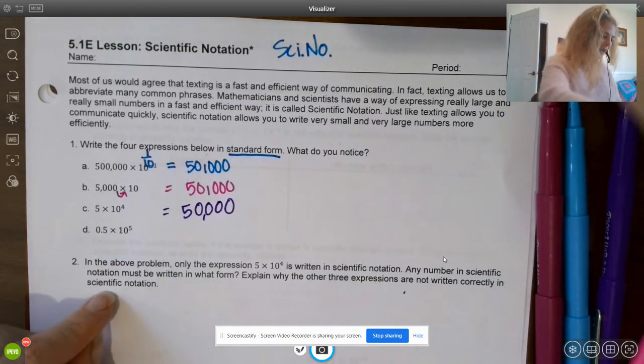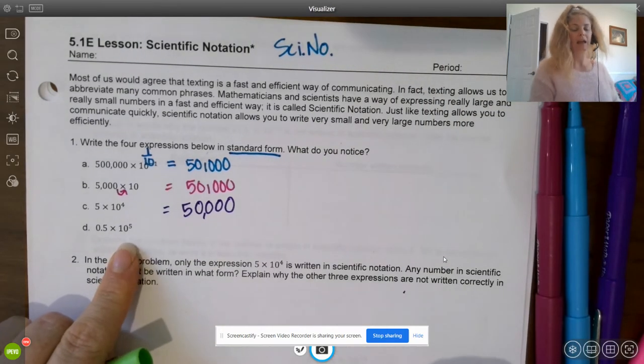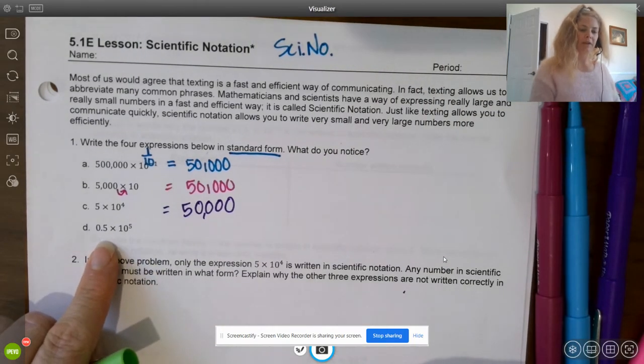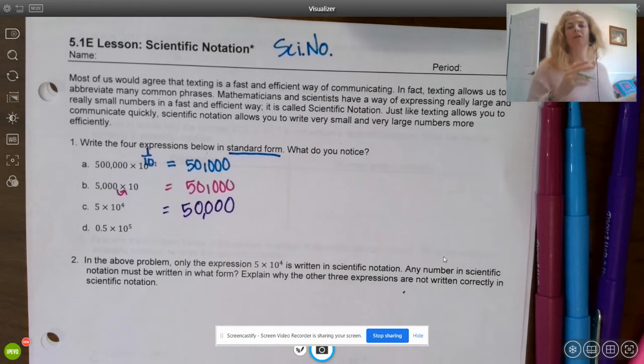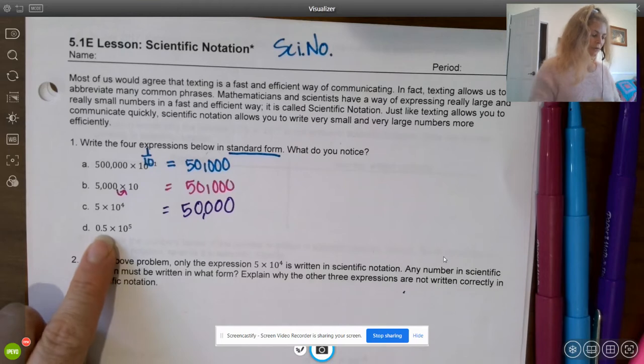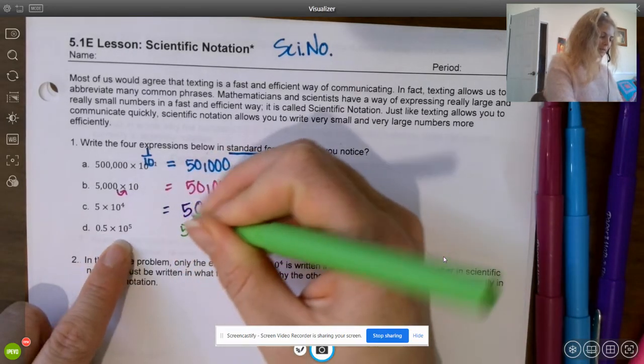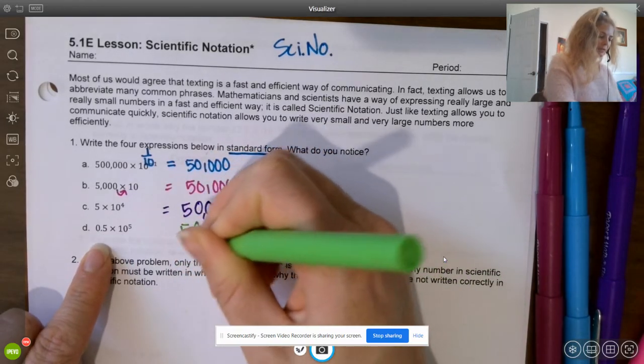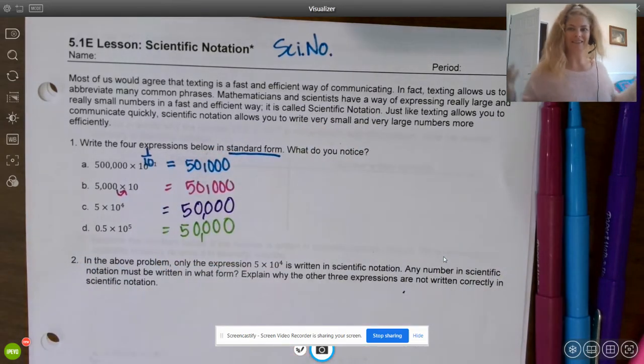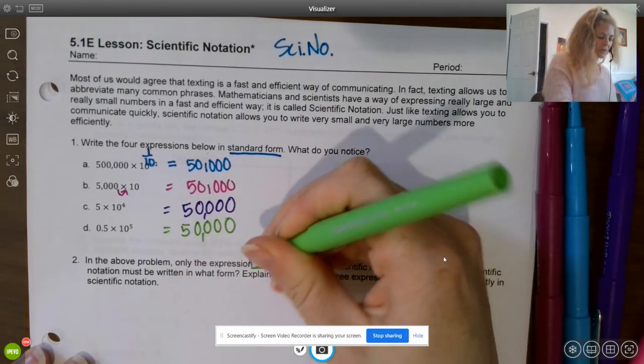And the last one we're going to look at is 0.5 times 10 to the 5th. That is 0.5, 5 tenths, times 10 to the 5th. We're going to move the decimal place over 5 times to the right. Since there's already 1 decimal place spoken for, that's only adding 4 zeros. Wow, 50,000 again.